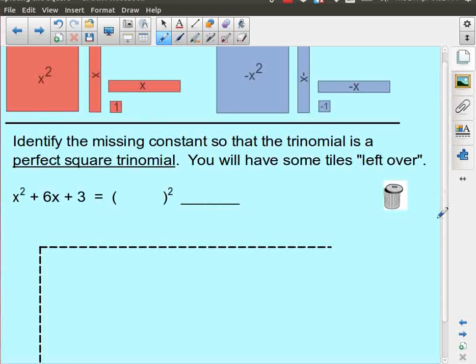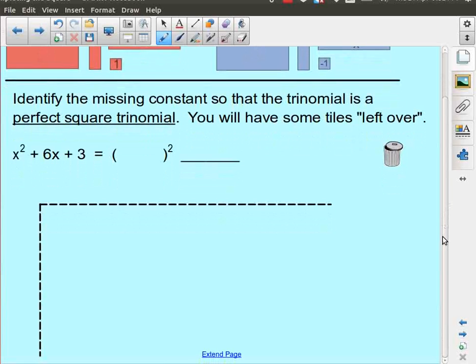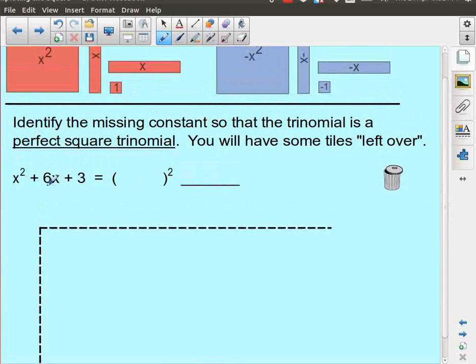Now, what if we have something a little bit more along the lines of what we want to develop today? I have an x squared. I have positive 6x. So 6 divided by 2 is equal to 3.